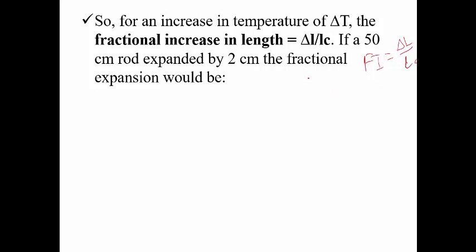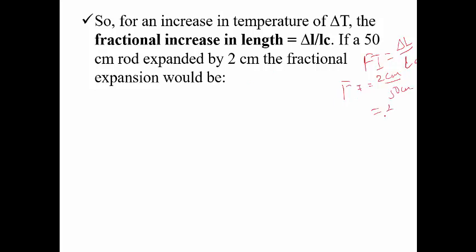For example, we'll see one example. If a 50 centimeter rod expands by 2 centimeter, the fractional increase is equal to change in L, which is 2 centimeter, divided by the original length of the rod, which is 50 centimeter.